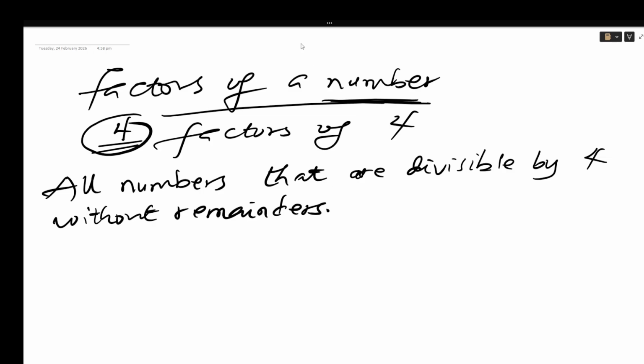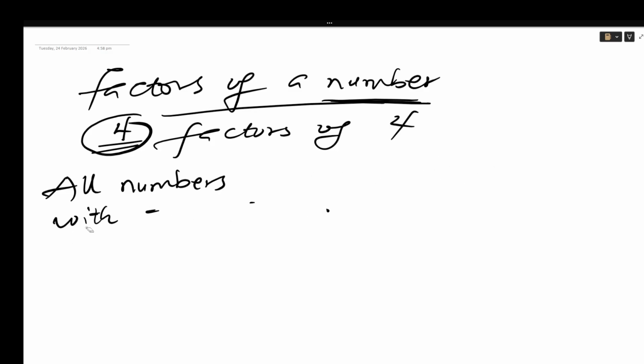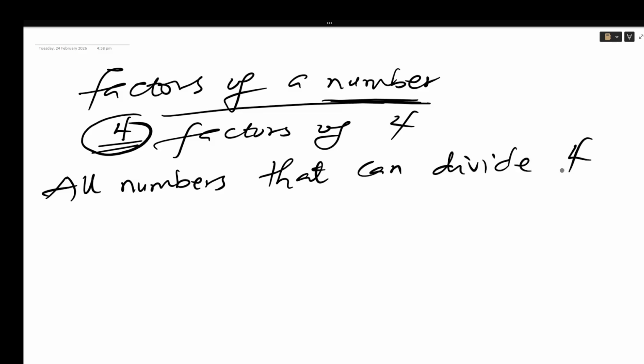No, let me put it in a nicer way. I like to use simple English so that we understand. So factors of 4 are numbers that can divide 4 without remainders.